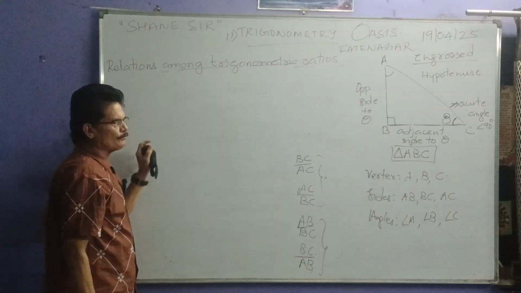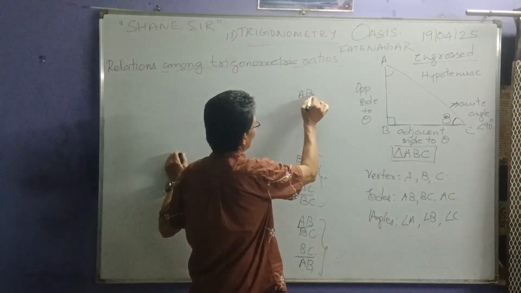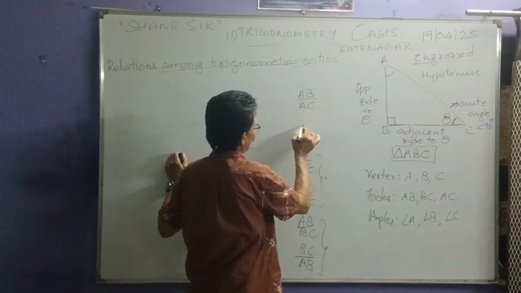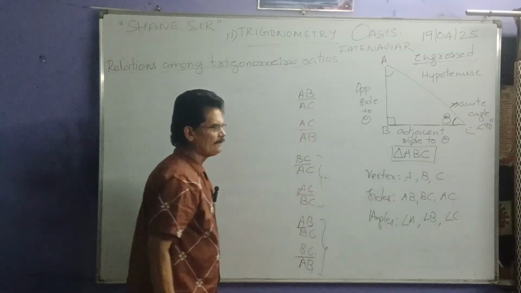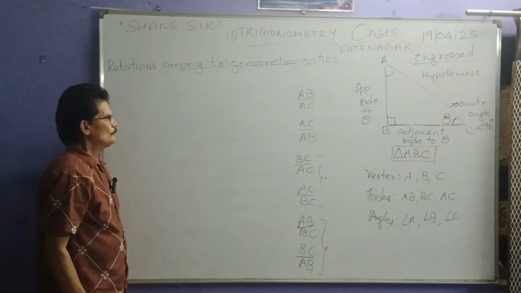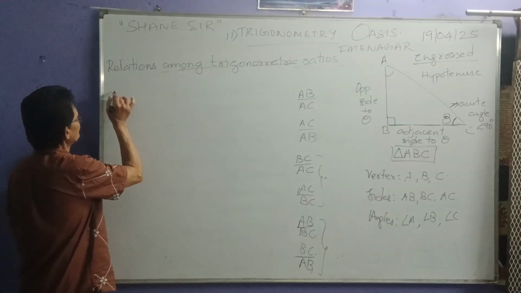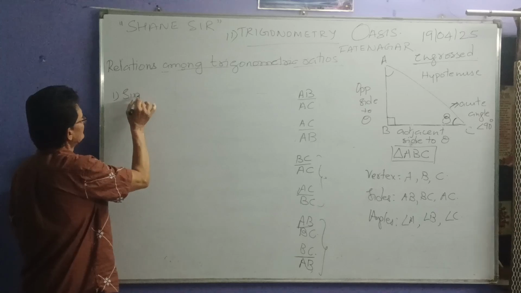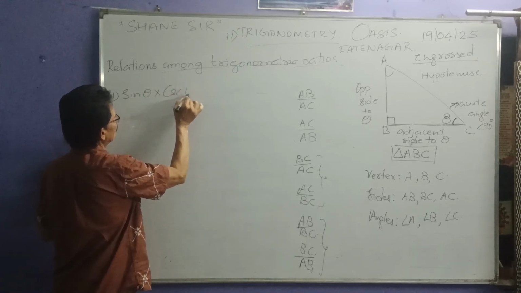The second point would be relations. We will do the first one: sin theta into cosec theta.